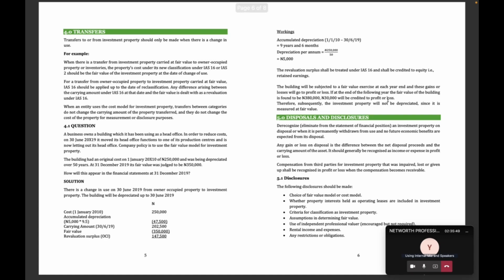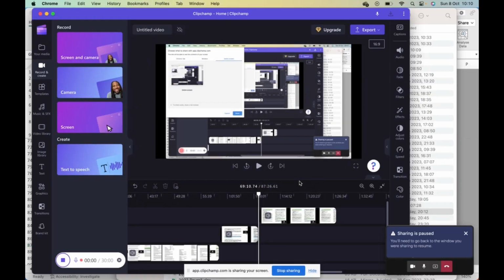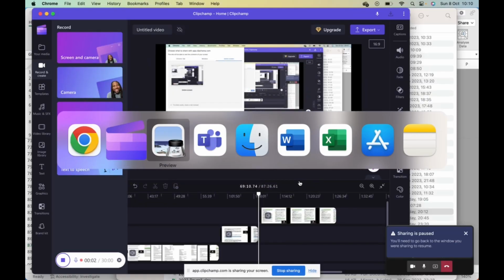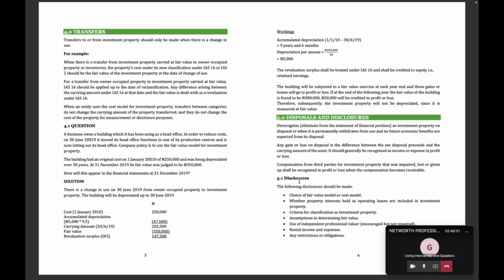Okay, and finally, it's possible that an asset that you were holding before as an investment property can become PPE. Subsequent measurements. Okay, so I was saying that it's actually possible for an investment property to become PPE.